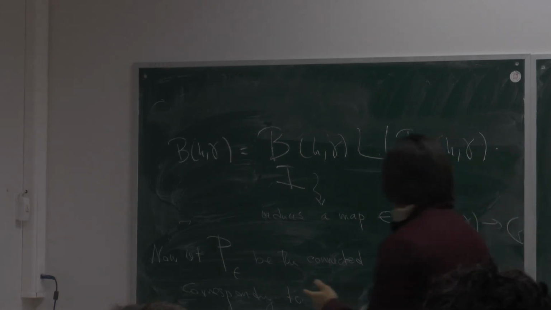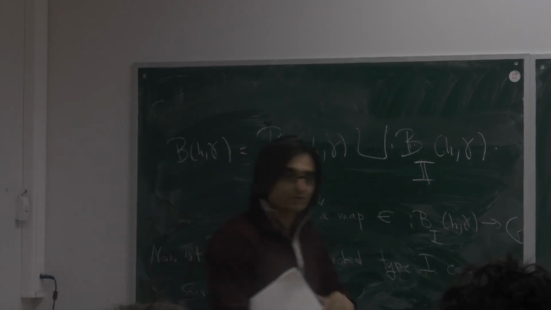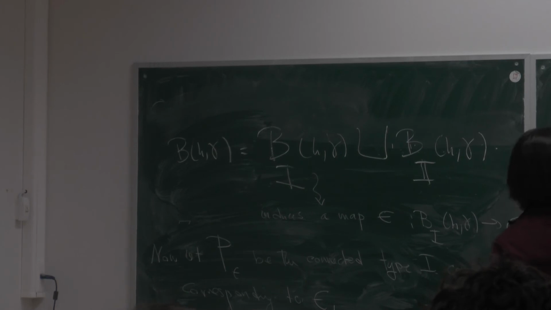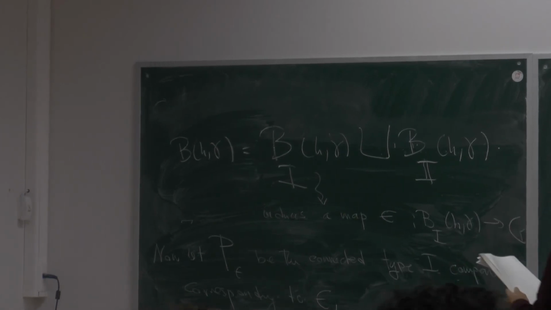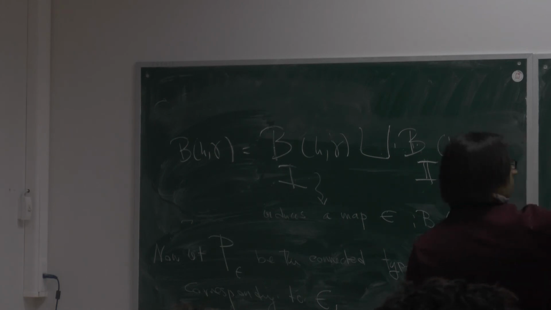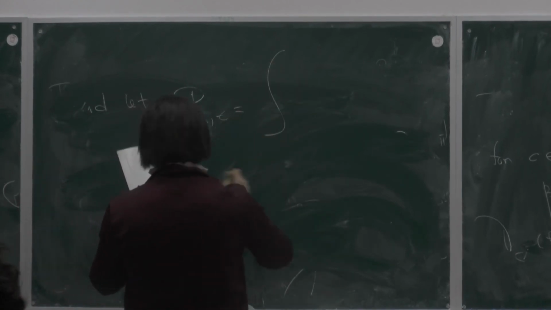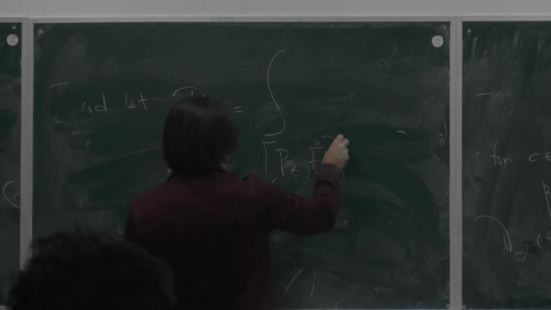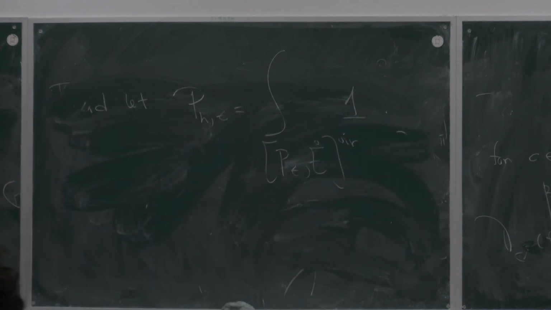All I need to do is restrict the virtual cycle to this particular connected component and integrate over it. So that's what we do. Let P_n of epsilon be defined as the integral against this connected component with the virtual cycle induced by the original obstruction theory, the integral of 1.